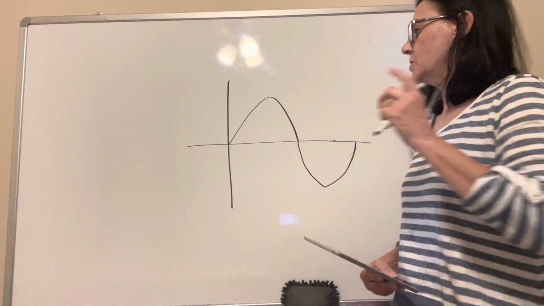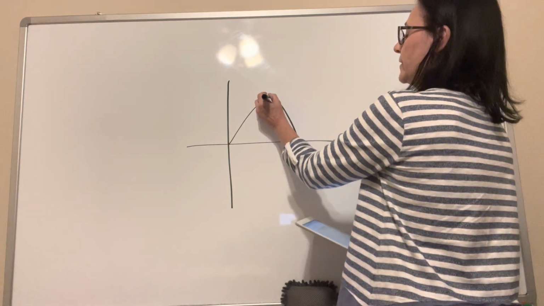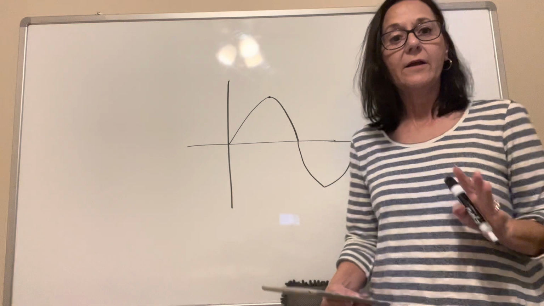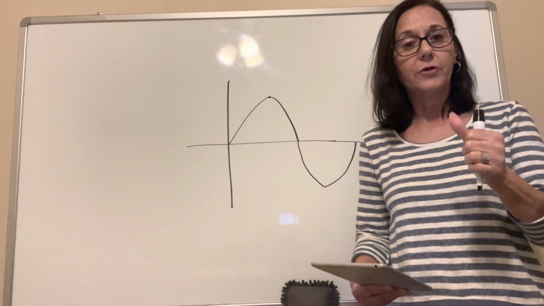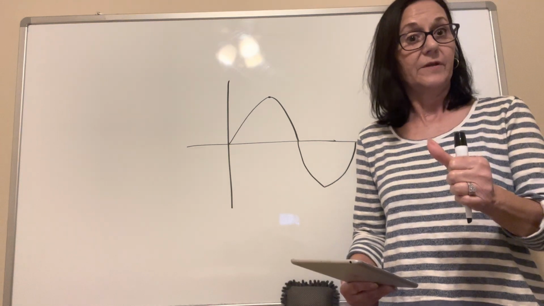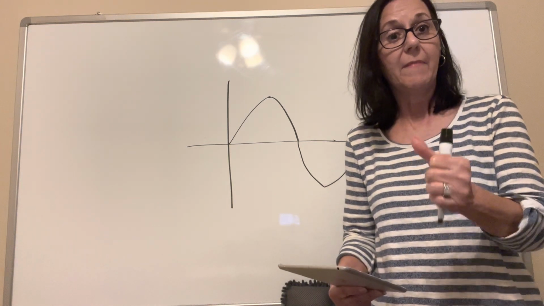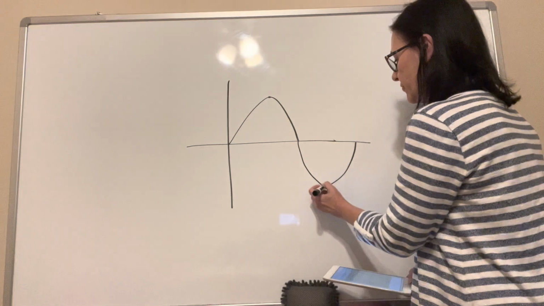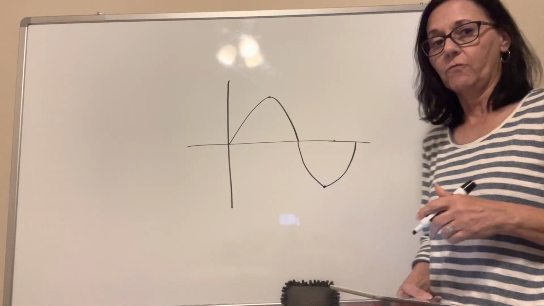All right. So on the sine curve, in one cycle, there's only one value where the sine of an angle equals 1, right? There's only one radian measure. The same is true for -1.